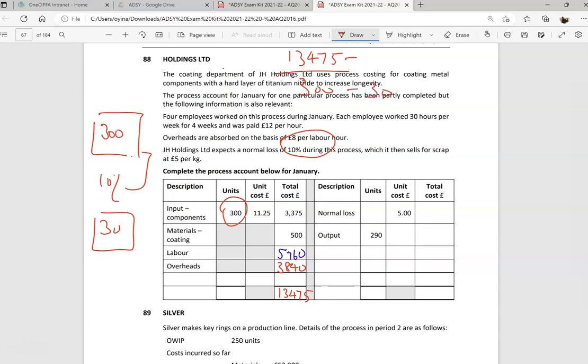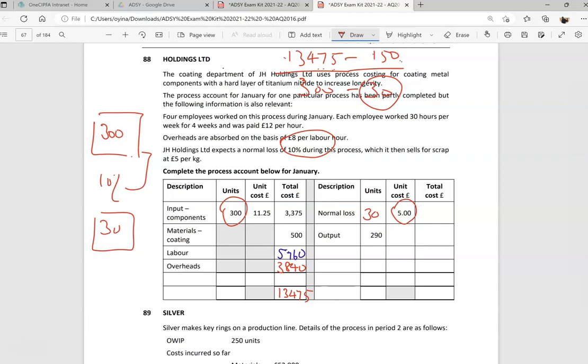At the same time, for valuation purposes, we also need to consider that we're going to lose some of that value. The question is, what are these 30 worth? What is the net realizable value? They give it to us at £5. So we have 30 units at £5, which is 150.